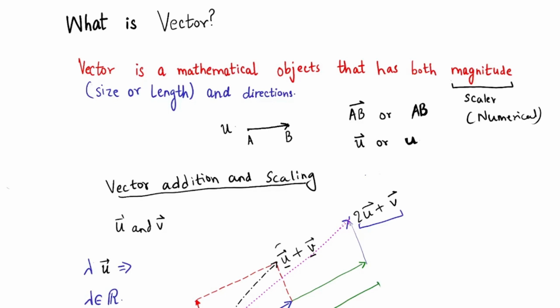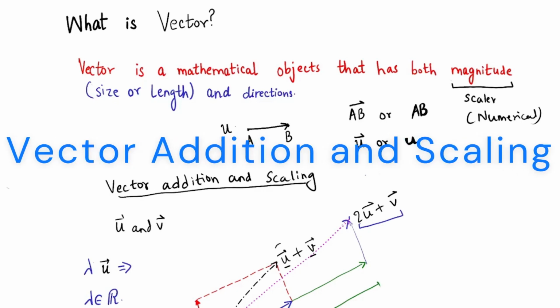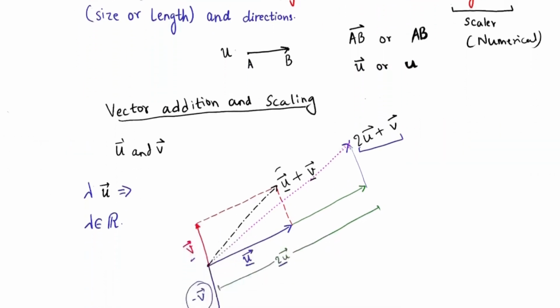Coming to the idea of how vectors are used for calculating vector addition and how scaling is possible through vectors, let us consider two vectors u and v, where u is represented with the blue line and v is represented with the red line.